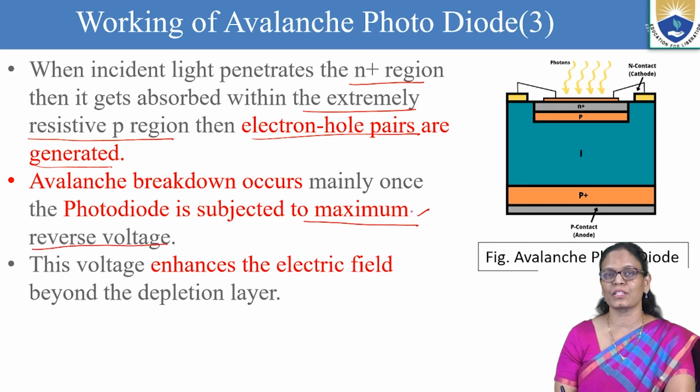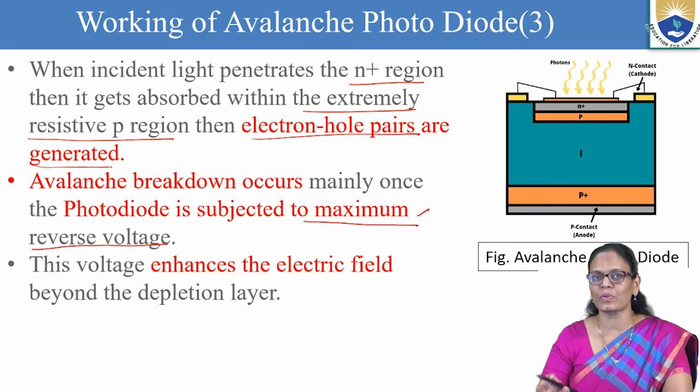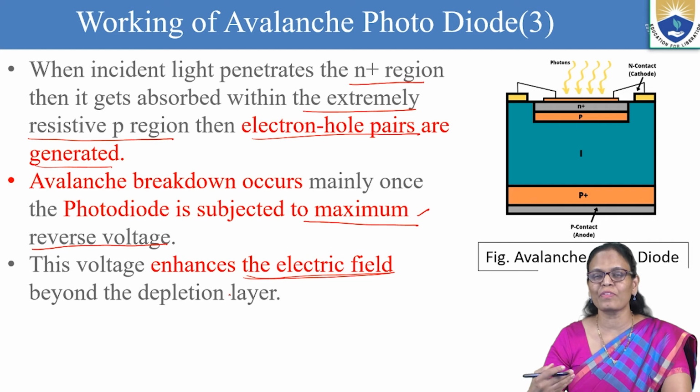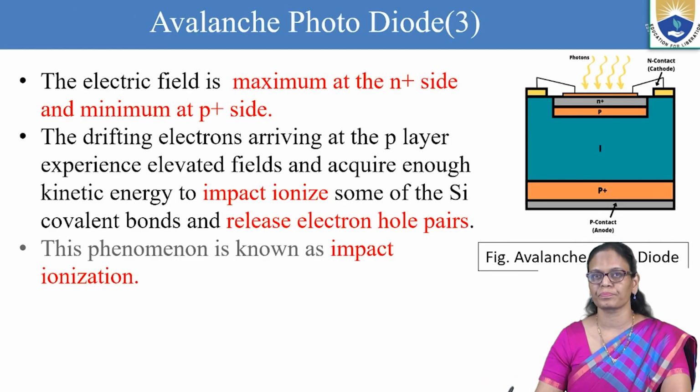The voltage at which the breakdown of this diode occurs, we will call avalanche breakdown. Because of this high voltage, it enhances the electric field beyond the depletion layer. The electric field will spread beyond the depletion layer.